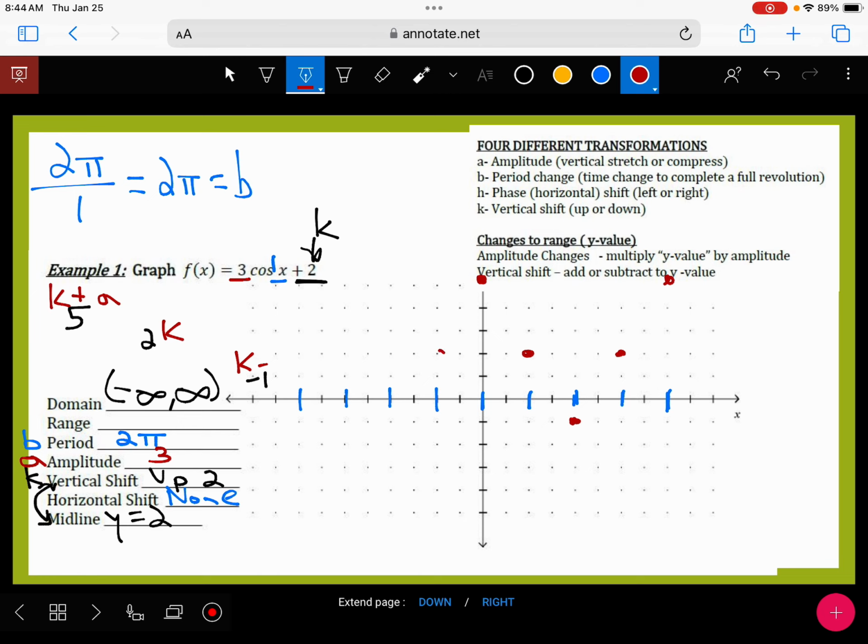As we follow the pattern, we're going to graph the negative direction. And now we've graphed the full 2 periods for 3 cosine x plus 2. And the last thing we have to do is just connect the points.